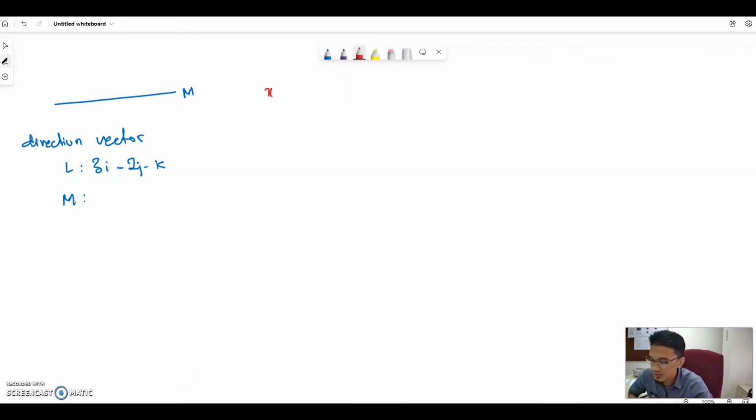The Cartesian equation given to us is x minus 3, y plus 2 over negative 2, equal to z minus 4. This is Cartesian, so it must always appear as a fraction. So don't forget, right here we have over 1. So z minus 4 over 1 and also x minus 3 over 1.